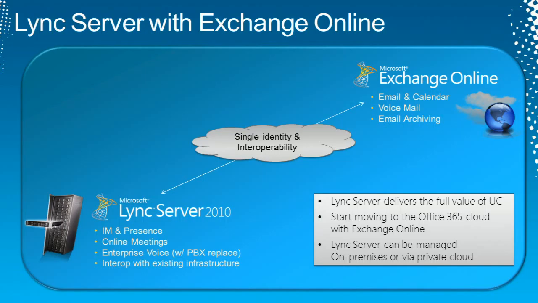Lync Server also supports what is referred to as RCC, remote call control, so you can use the Lync endpoint to make a call through a Cisco IP phone. So there are interop scenarios to make these things work together.